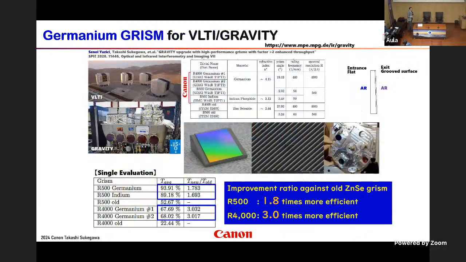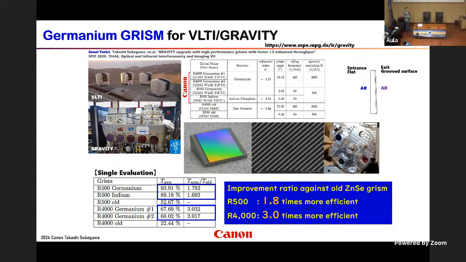Also, this older one, more than 8 years ago, we shipped to the VLT in Chile. The instrument name is GRAVITY. I'm not sure whether you know it. We are upgrading GRAVITY just by changing the grating. The old one was made by a US company using zinc selenide.